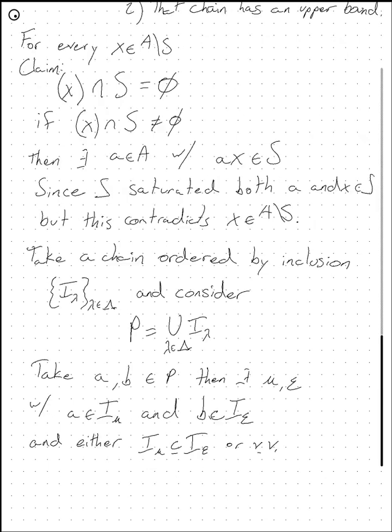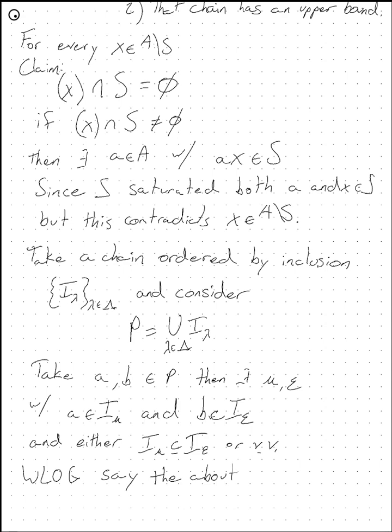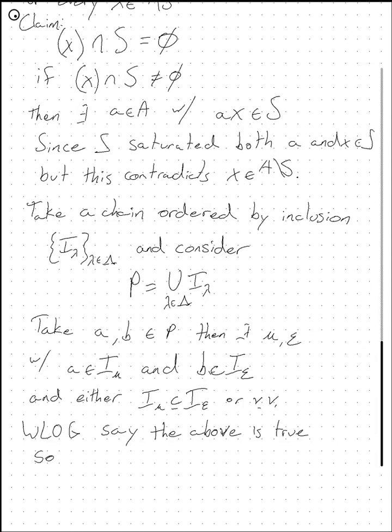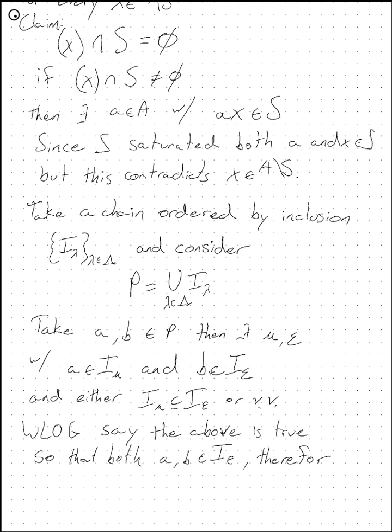So let's go ahead without loss of generality and say I mu is contained in I epsilon, so that both A and B are in I epsilon, and therefore A plus B is in I epsilon, which is contained in P. Right?